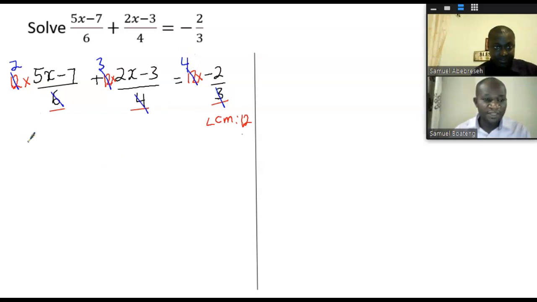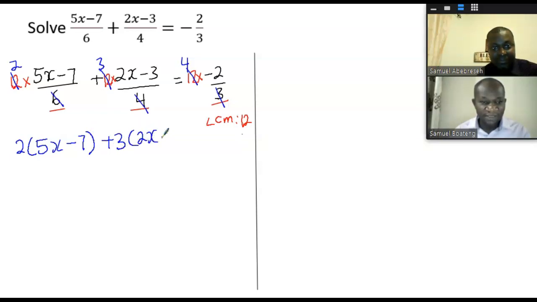On the last line, we have 2(5x - 7) + 3(2x - 3) = 4 times minus 2.